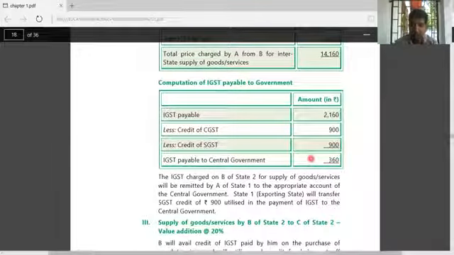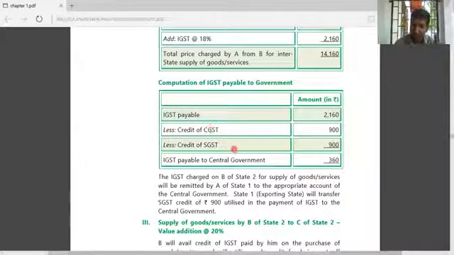The most important thing is what happens at the back end. In stage one, our supplier paid to the central government 900 rupees. Now we used that to set off against the IGST payable to the central government. Now, what does our state government have to do? Our state government has to transfer this fund to the central government.